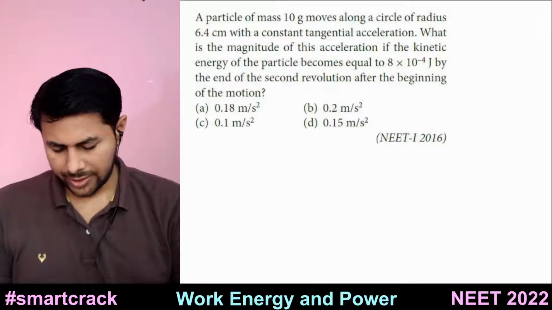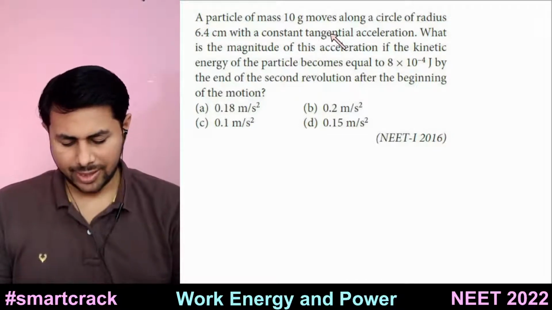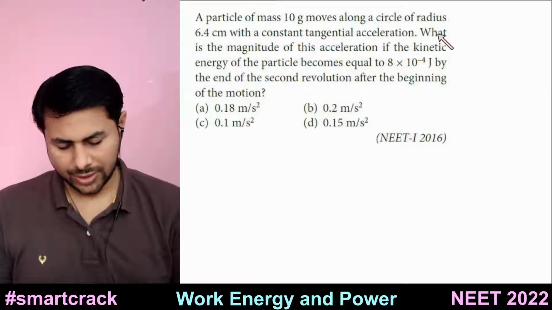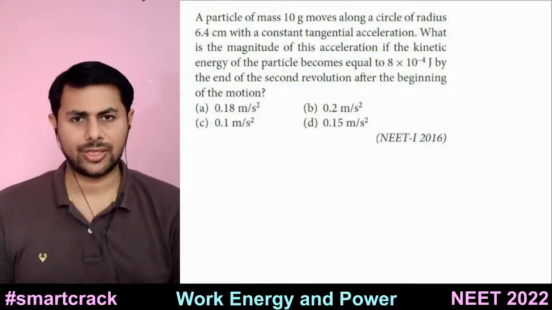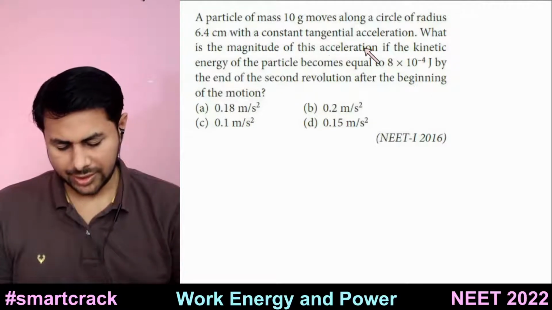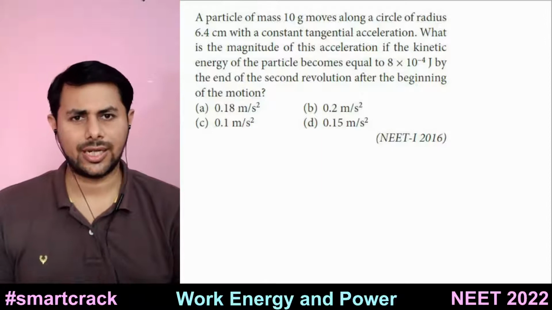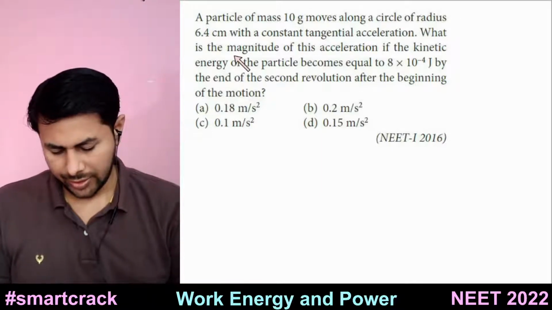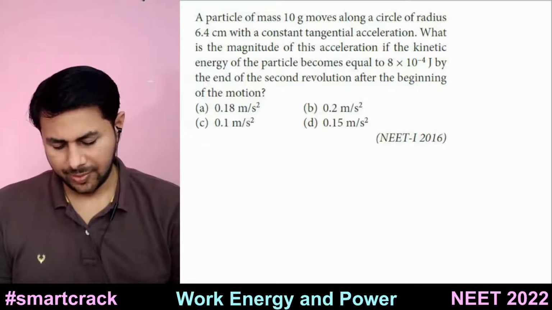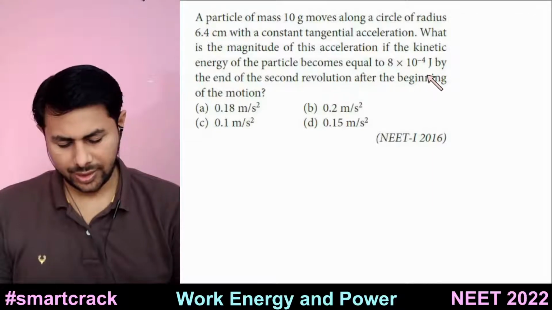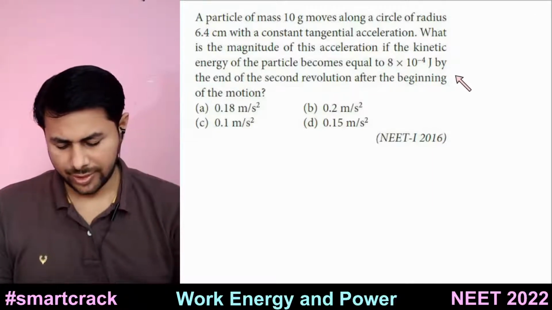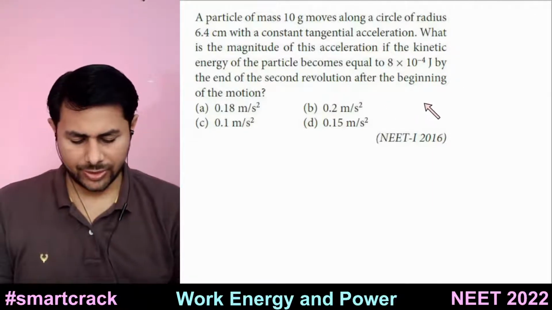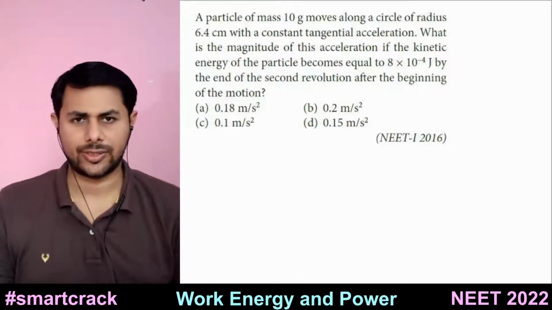Okay. So next question is, a particle of mass 10 grams moves along a circle of radius 6.4 centimeters with a constant tangential acceleration. Tangential acceleration is constant. What is the magnitude of this acceleration if kinetic energy of particle becomes 8 into 10 raised to minus 4 joules by the end of second revolution after the beginning of motion?